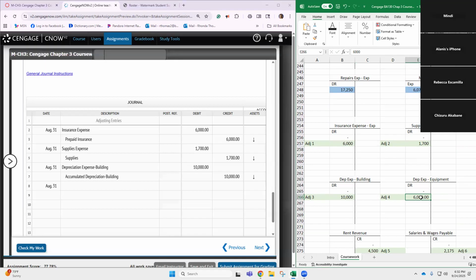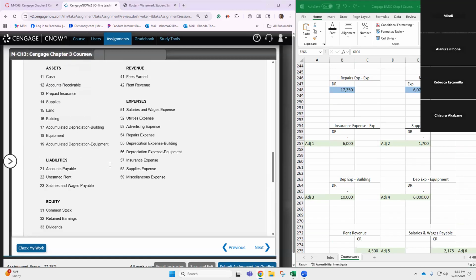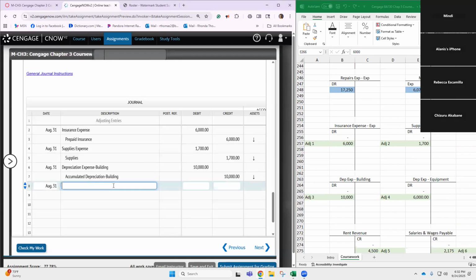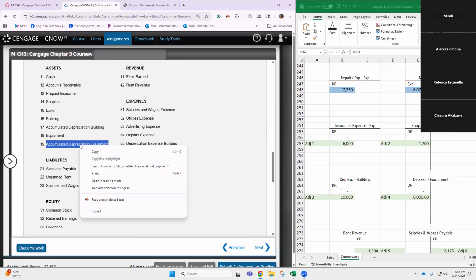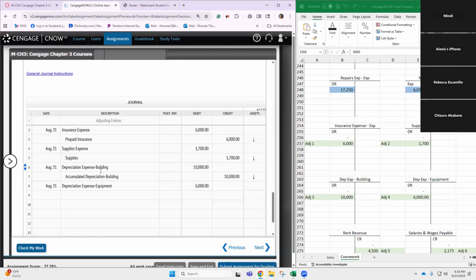If you wanna write it in, it helps you see it in the account that we are putting it, right? So now we're going to put depreciation expense equipment in as the debit to create that expense. And then it accumulates in accumulated depreciation equipment every time we make an adjusting entry.